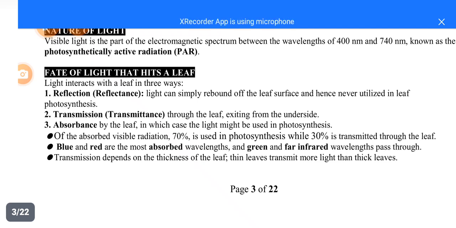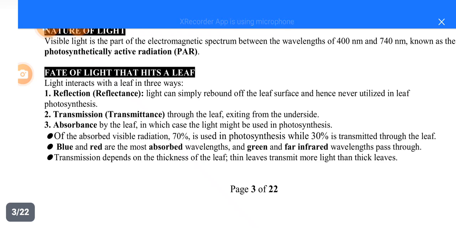Now, another bullet there, they are saying that blue and red are the most absorbed wavelengths. I talked about this earlier, about which wavelength is most absorbed. There the answer is blue, and I hope you know the reason why, because I talked about it. So blue and red are the most absorbed wavelengths, and the green and far red wavelengths pass through.